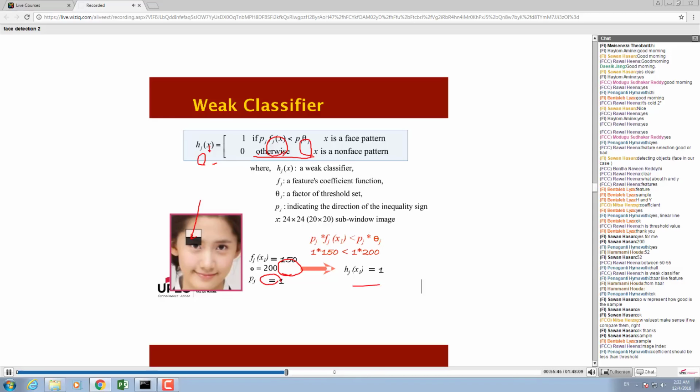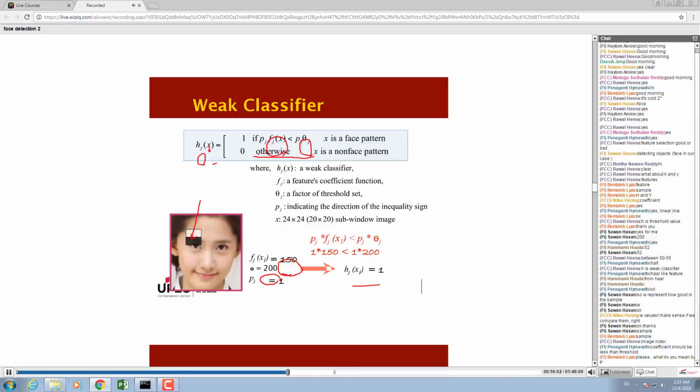So your question is whether the coefficient should be less than the threshold, or what do you mean by coefficient? As for P, we haven't discussed it yet, so let's discuss it after this question.